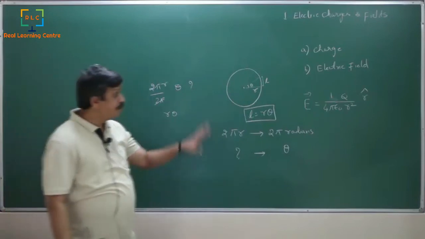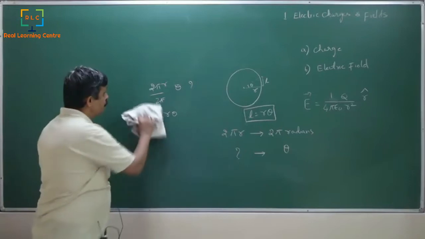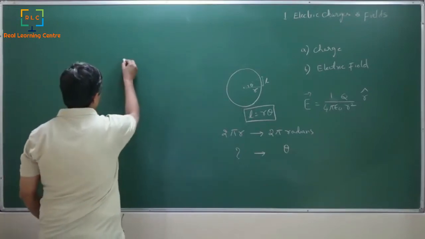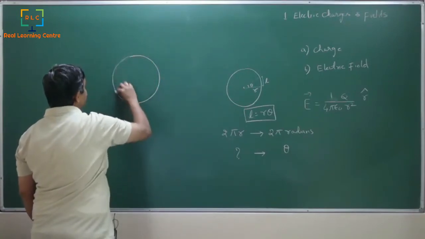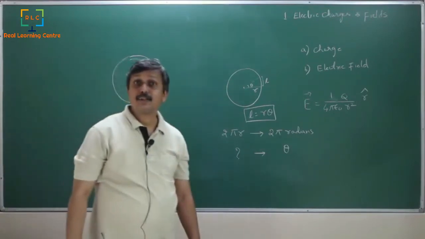So you see, I am going to use this formula in a different way. Instead of a circle, I have a sphere. So you will have to imagine that this is a sphere, not a circle.